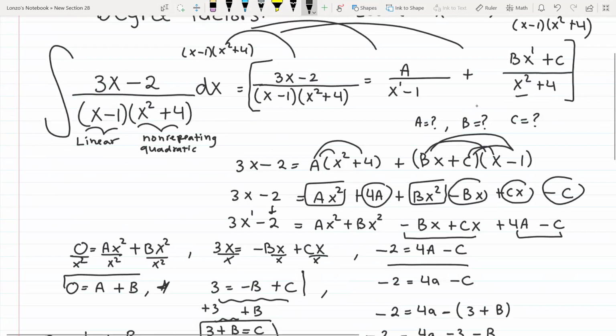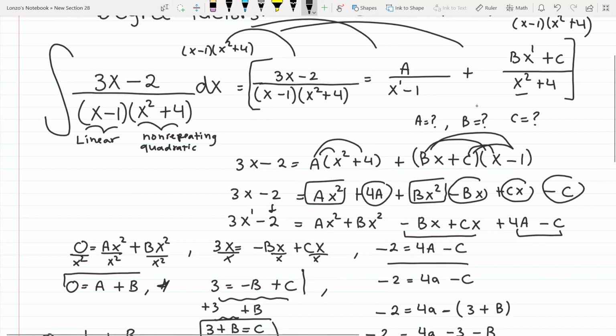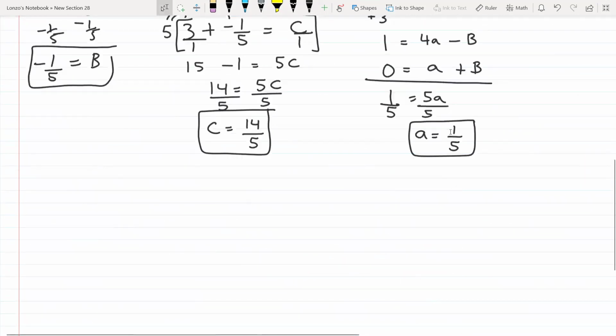So our a value is 1/5. So you can just replace a with 1/5, and then over here my b value is negative 1/5 x plus my c, which is 14/5. So it looks like a mess. Don't worry, we'll fix it.